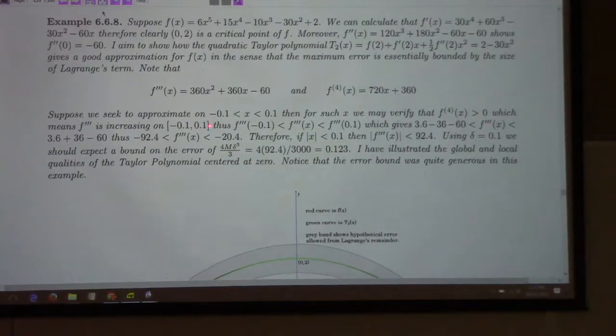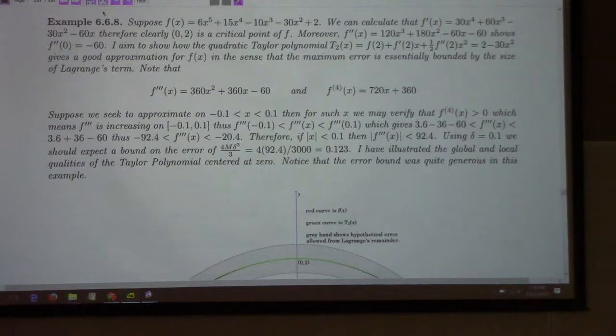If I look at minus 0.1 to 0.1, then you can see that the fourth derivative is positive there, right? What does that say? If the fourth derivative is positive on the interval, that means that the third derivative is a strictly increasing function, which means the third derivative at minus 0.1 is less than the third derivative at x, which is less than the third derivative at 0.1, because the third derivative is increasing, right?